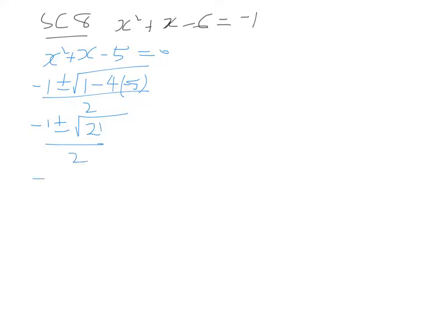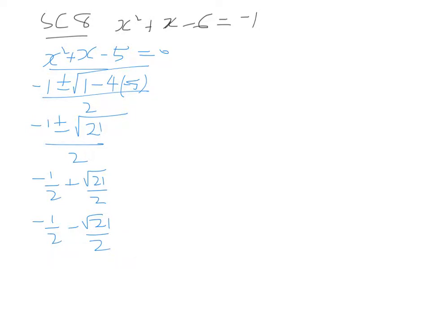So -1 over 2 plus the square root of 21 over 2, or -1 over 2 minus the square root of 21 over 2. So that's my solutions there. Basically what we're trying to do is let our equation equal 0, because that's what we're good at, and then we solve for that.